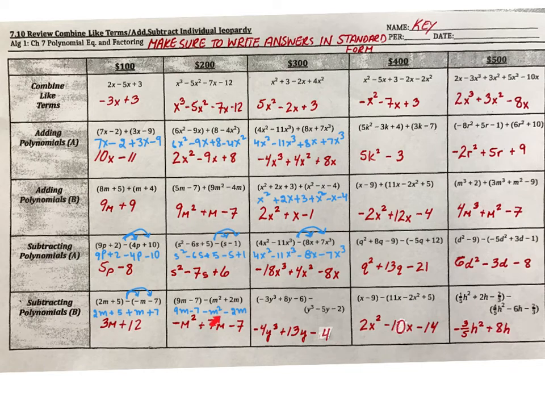I could not find any other like term with m squared, so I just keep the m squared in the front. But 9m and negative 2m are like terms, so I could combine them as 7m. And this negative 7 also cannot be combined with any other term, so I write the negative 7 at the last.